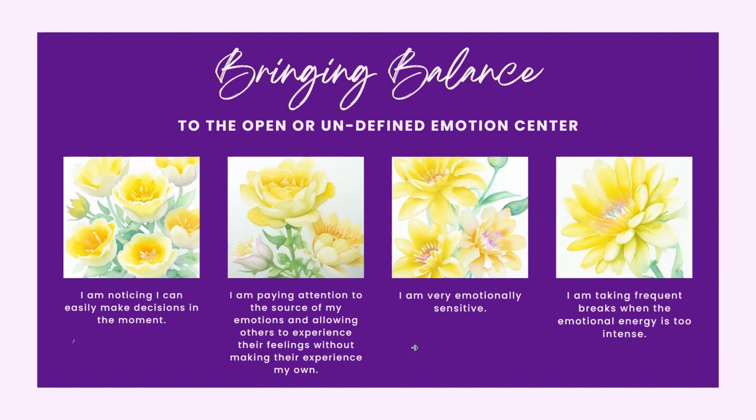The emotion authority can be difficult because it happens over time, like in the waiting. But the open or undefined emotion center can make decisions more quickly. I am paying attention to the source of my emotions and allowing others to experience their feelings without making their experience my own. So you don't need to take on their dramas in your life.